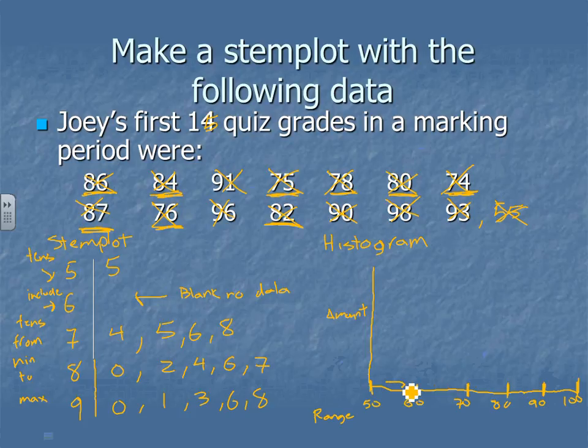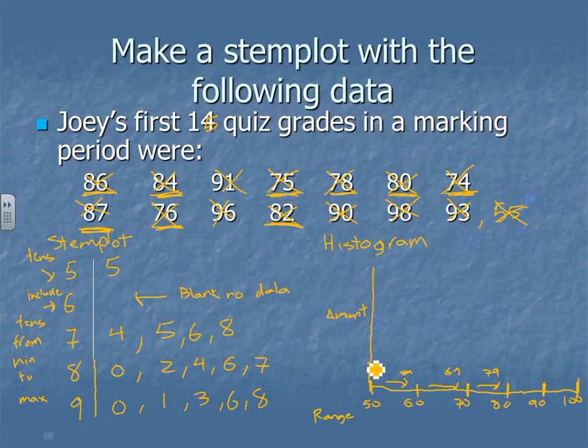So 50 to 59, 60 to 69, 70 to 79, etc. Okay? And what we do is we just count the amount of frequencies we have in each bin. So in this situation, just like in my stem plot, in the 50s, I had one grade, 55.